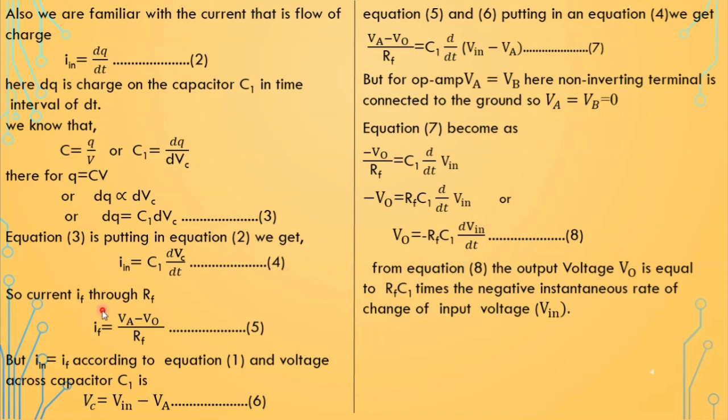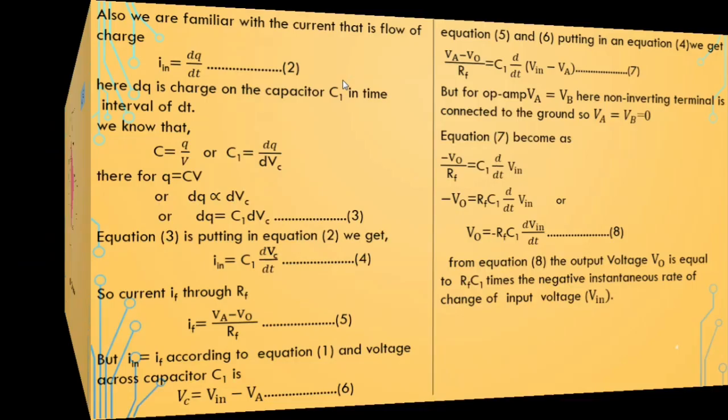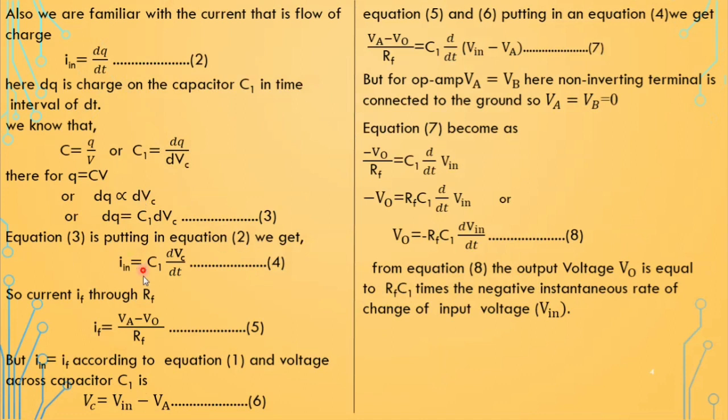Now the current IF is passing through RF, that is IF is equal to VA minus V0 divided by RF, according to Ohm's law, that I is equal to V by R. So this is our equation 5.